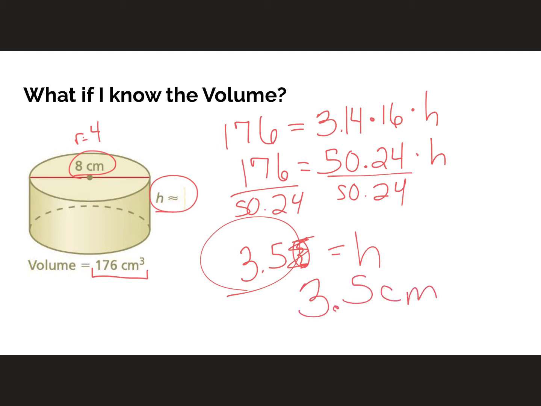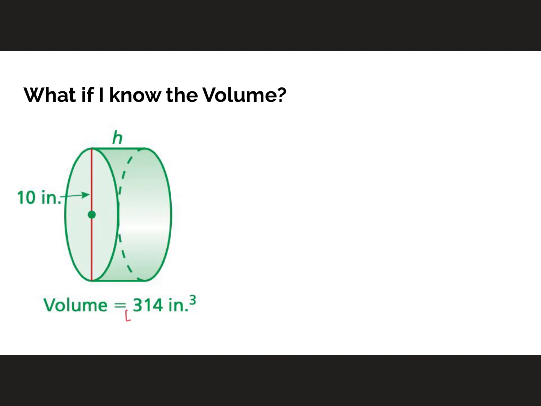Okay, let's try another. Again, here I have the volume. I have the diameter, so I need to find my radius is 5, which means our radius squared is 25. So 3.14 times 25 times whatever H is equals 314.